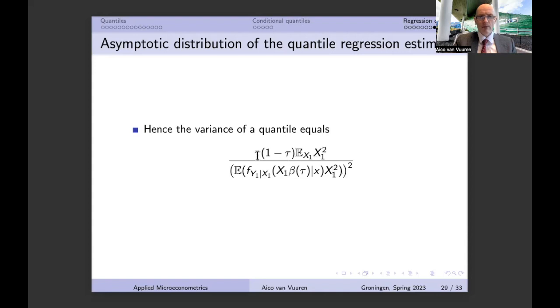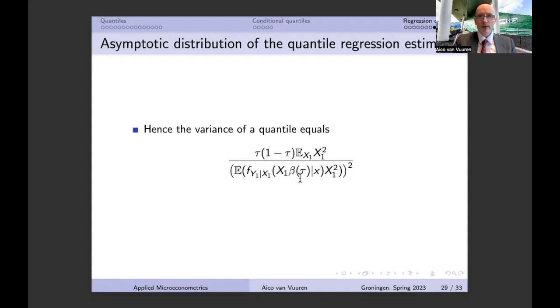Again, we have tau times 1 minus tau, as we also had with respect to the quantiles. Now we get this second moment of x1 over here, and in the denominator we get another time a mean squared, and it another time depends on a density function and the beta tau.